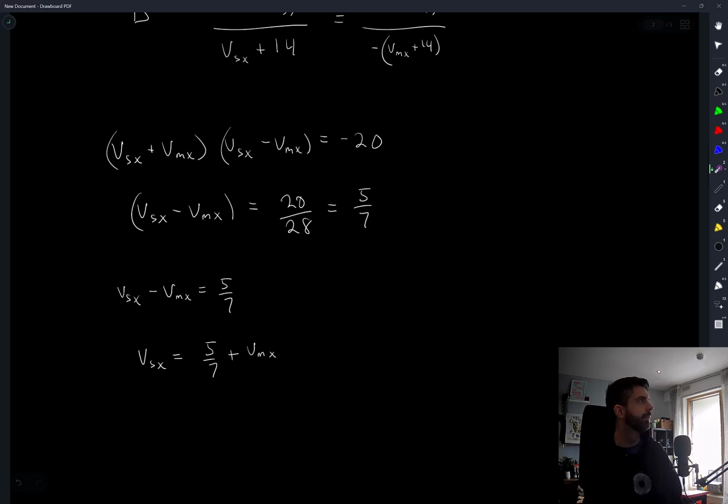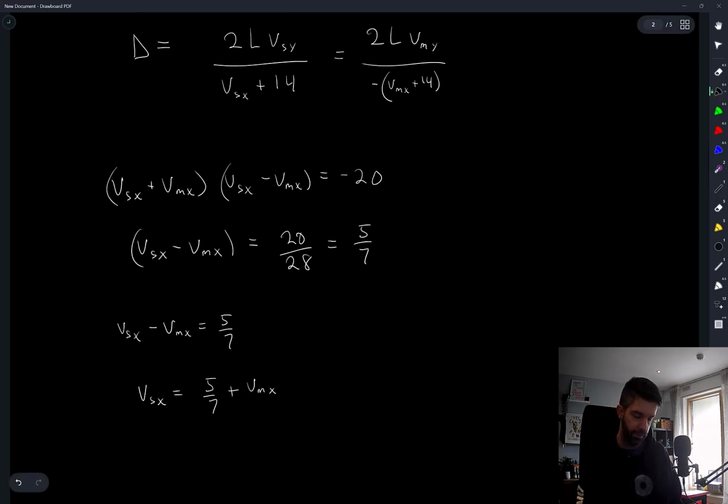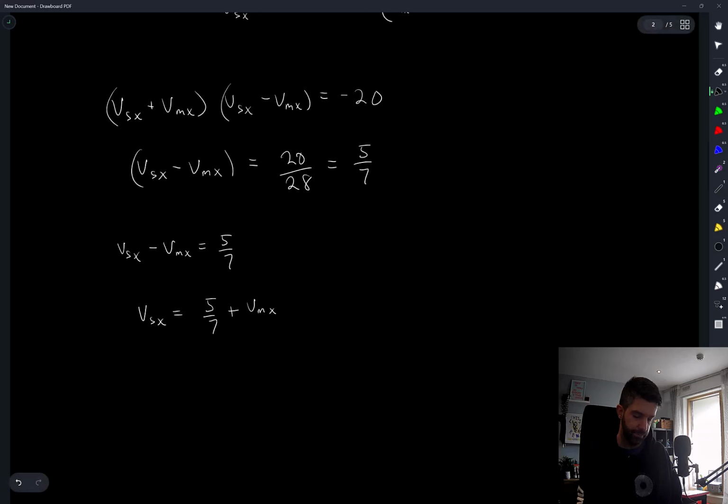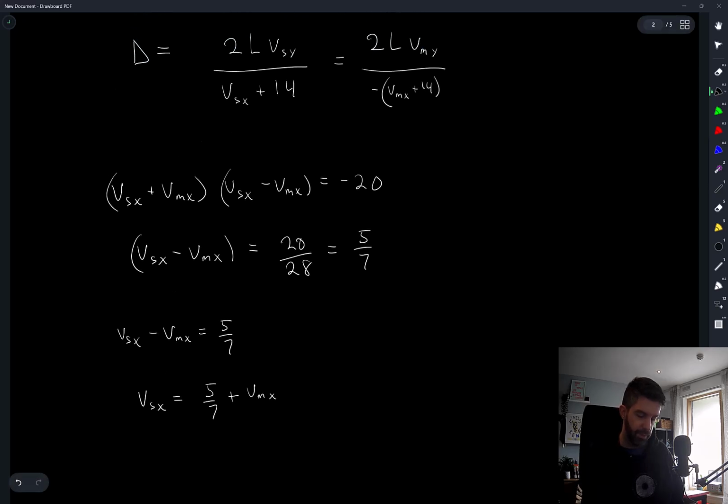Not really. Hold on. Oh, man. It does have to be, though, right? Because their vertical velocities are the same. Okay, I'm just going to keep plugging things in here and see if I can get something out of it.